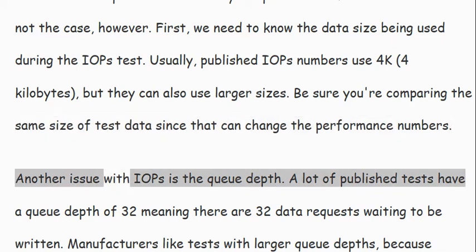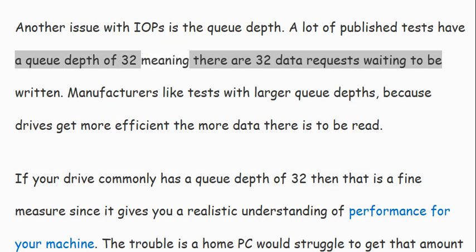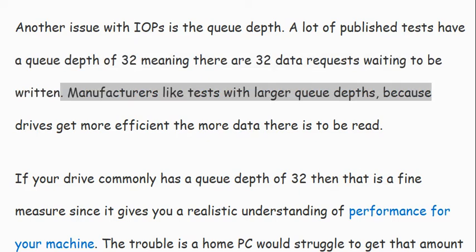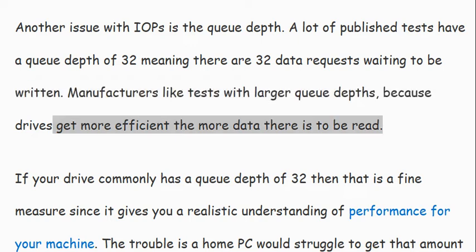Another issue with IOPs is the queue depth. A lot of published tests have a queue depth of 32, meaning there are 32 data requests waiting to be written. Manufacturers like tests with larger queue depths because drives get more efficient the more data there is to be read.